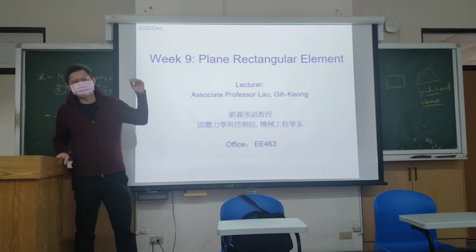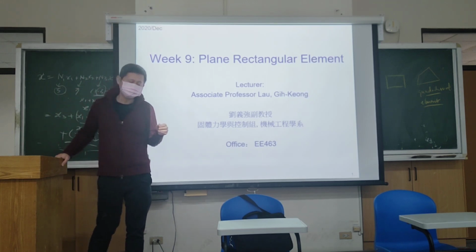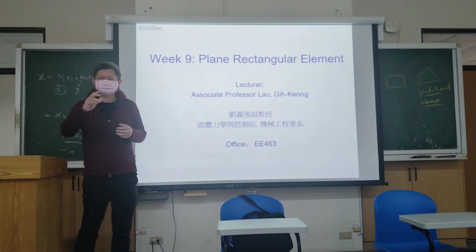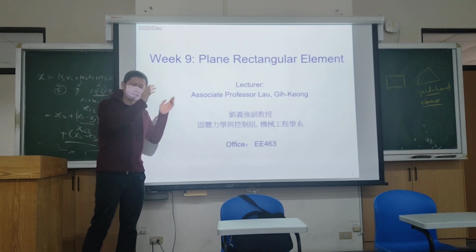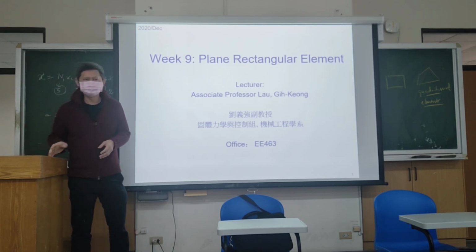Okay, from the first day when the finite element formulation was invented by this American civil engineer, people have been extending it from linear function to quadratic function, from triangular element to 2D polyhedral element, from 2D element to 3D element.